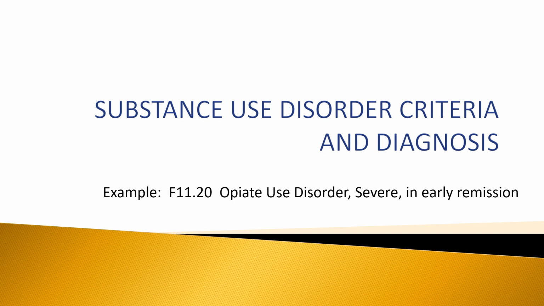So be sure to look at the handouts on the criteria for substance use disorder worksheet and definitions, because many of you are going to become certified alcohol and drug counselors. This is the one chapter in the DSM-5 that you really want to be super oriented to.